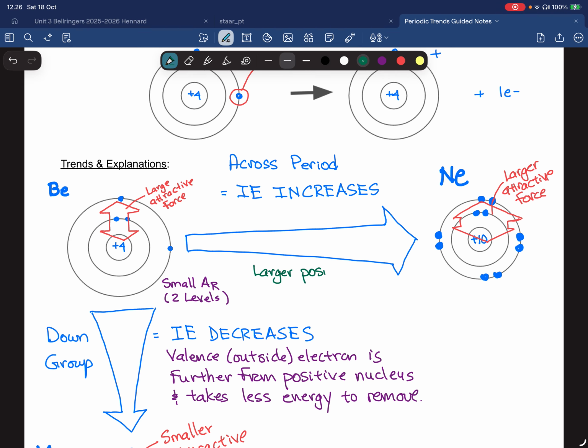positive charge in the nucleus with more attraction to the valence electrons.